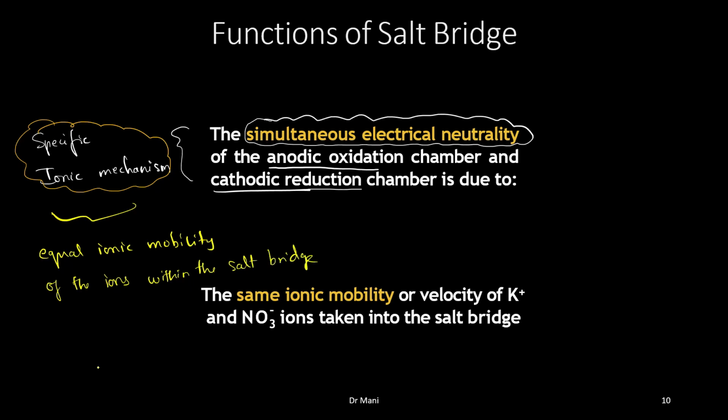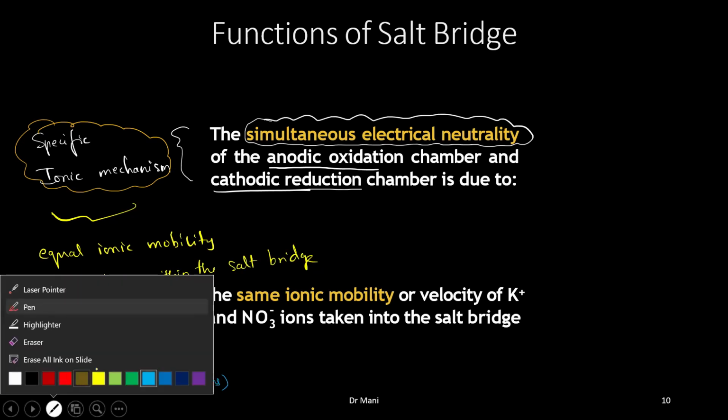So what are those ions? One is the K+ ions. The other one is NO3- ions, or you can say the potassium ions and nitrate ions. This is nitrate ions, if you don't know what NO3- is. So remember, equal ionic mobility of ions within the salt bridge.